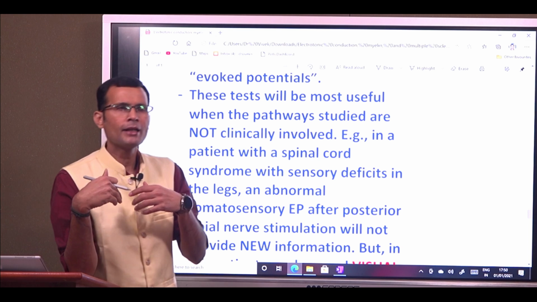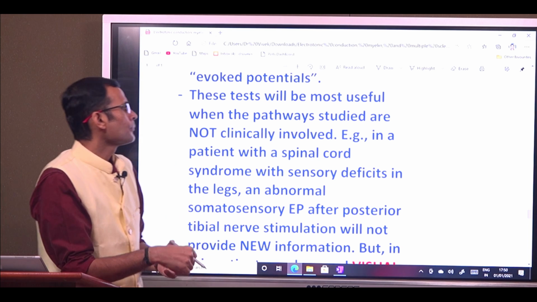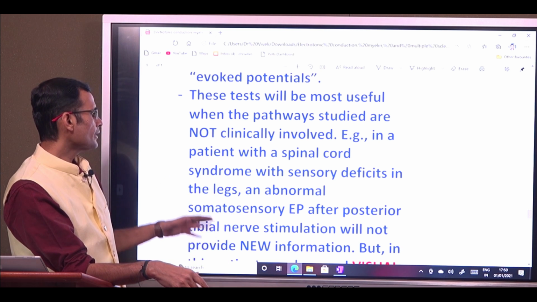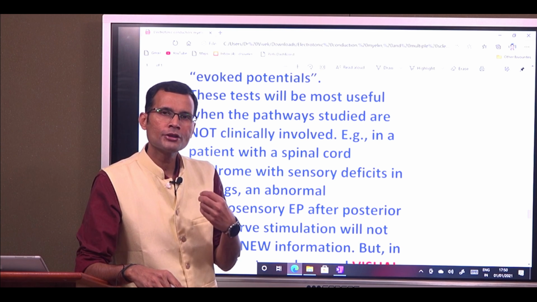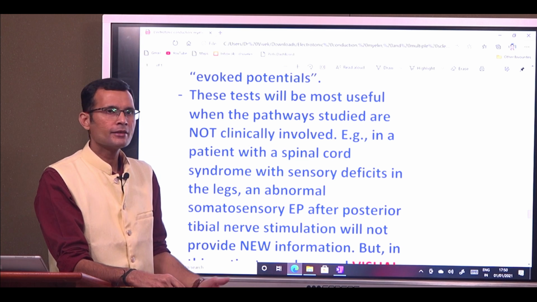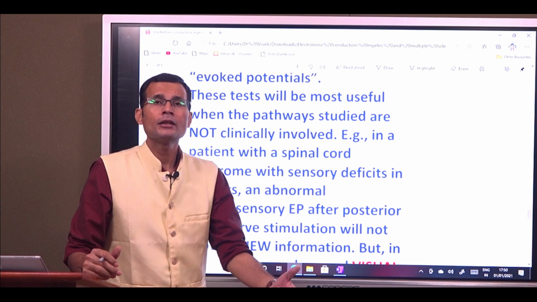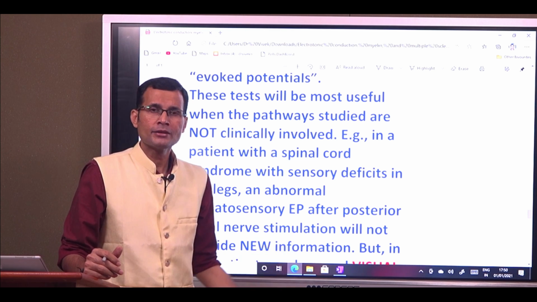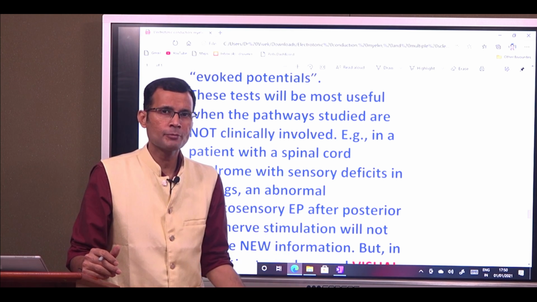I'll just explain what I'm trying to say here. Take a patient with a spinal cord syndrome with sensory deficits in the legs, who has come to the doctor with paresthesia, tingling, numbness or any such manifestation.